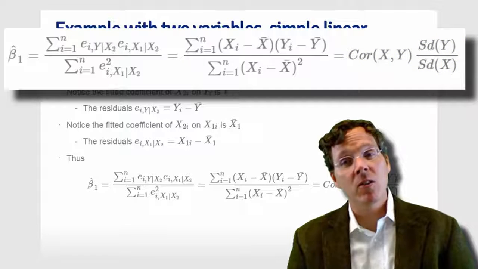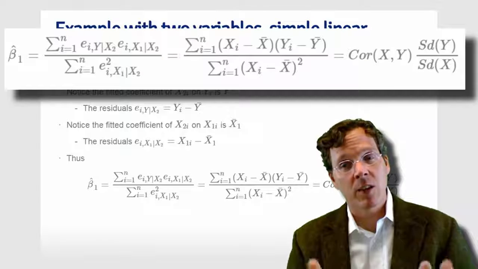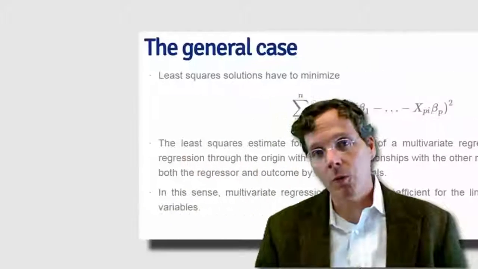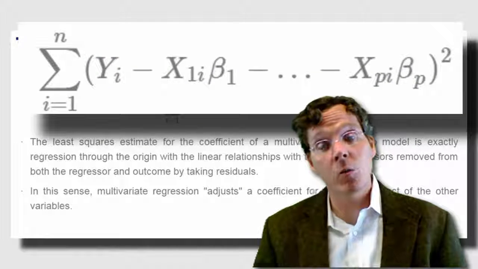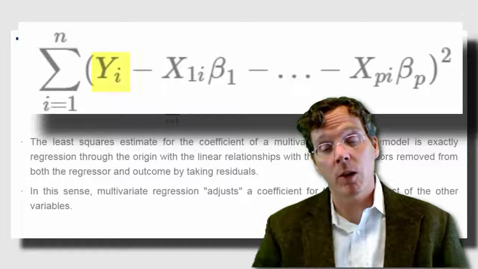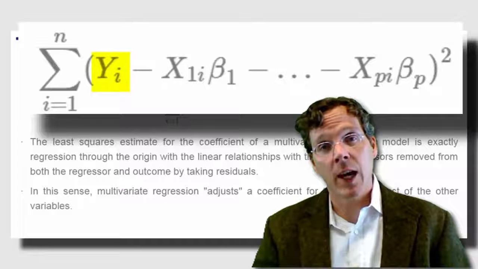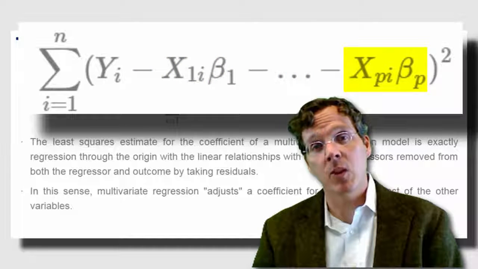So now let's extend this to more than two variables so that we can start dipping into the idea of multivariable regression. Our least squares criterion is now the squared distance between our observed outcome, yi, and x1 times its coefficient, all the way up to xp times its coefficient.